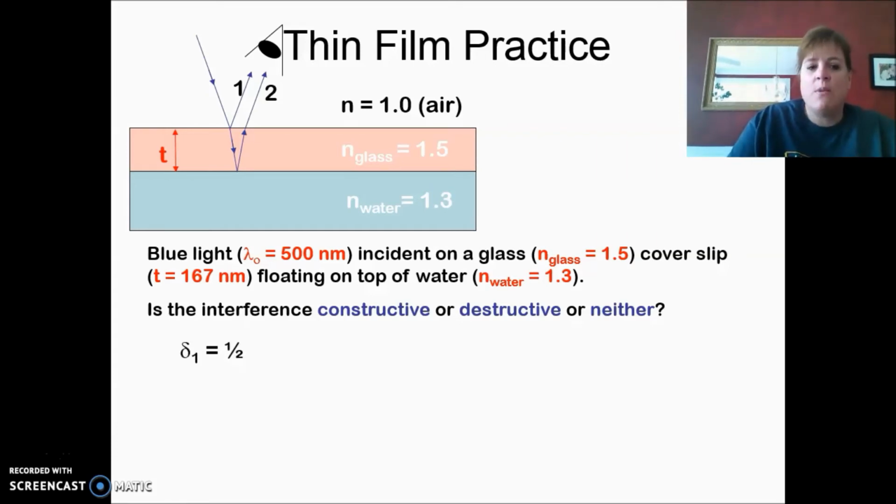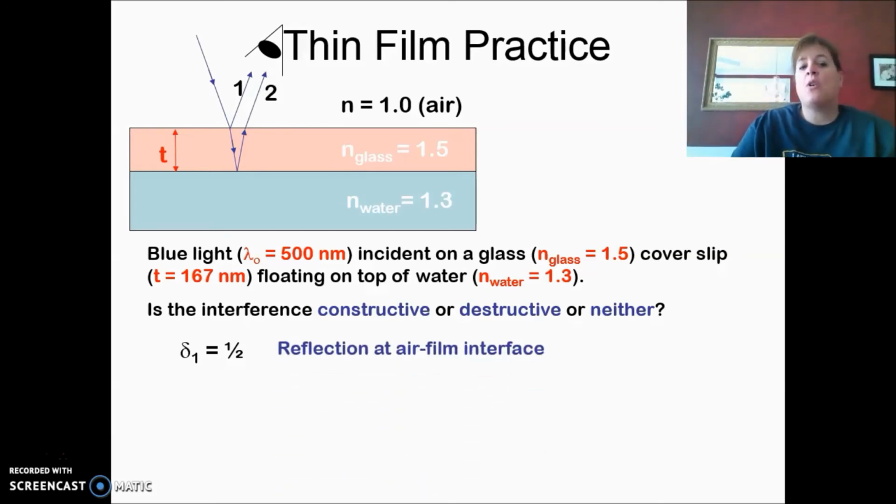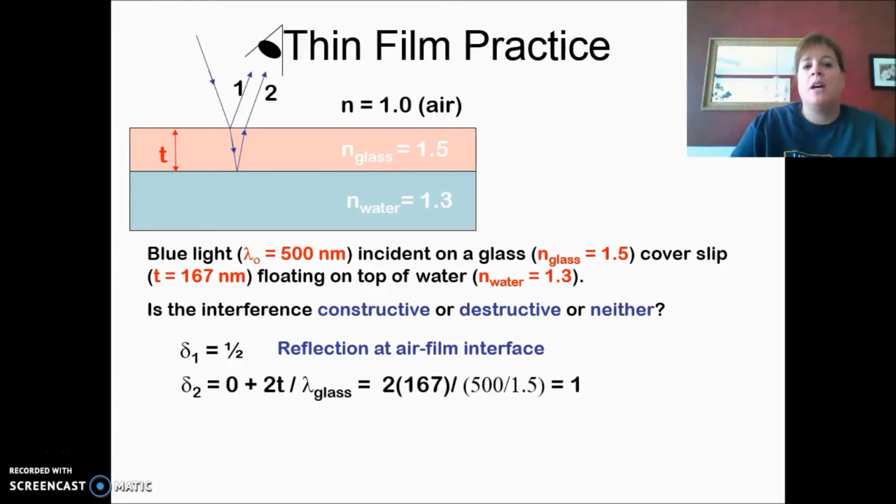So hopefully you said that ray 1 flipped, and I'm going to use gammas instead of ray 1. Sorry. So I get reflection at the air film interface. That's a flip, right? Low to high, flip. But my second reflection is a high to low, so that's no. And then I add 2t over the wavelength in the glass.